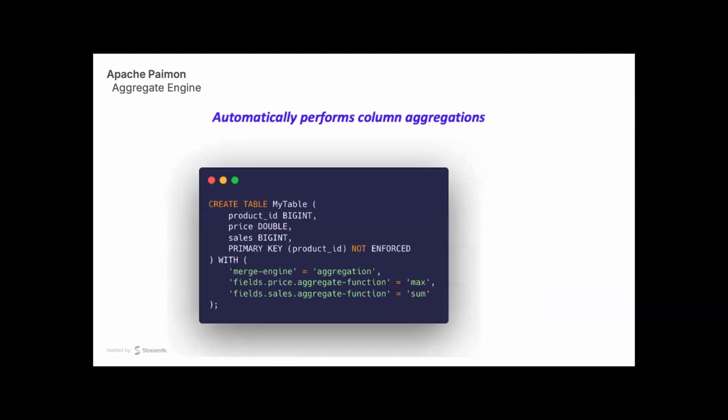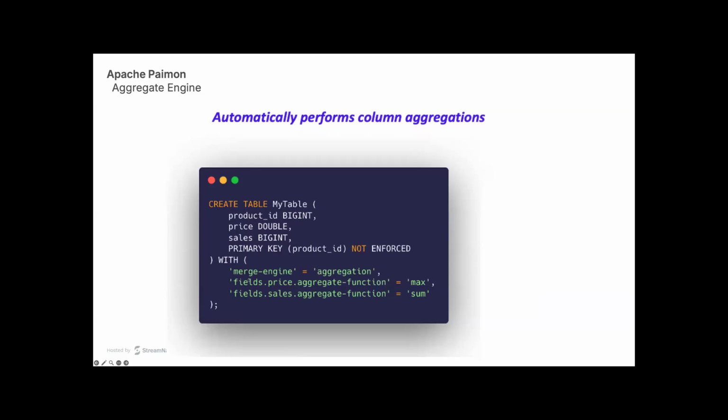So, for example, if you know that in a specific table you want to do aggregated functions on some specific columns in the future, for example, a sales table where I have price and sales, and I know I'm going to do min or max on specific columns.